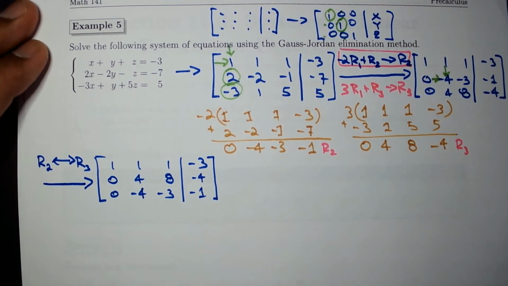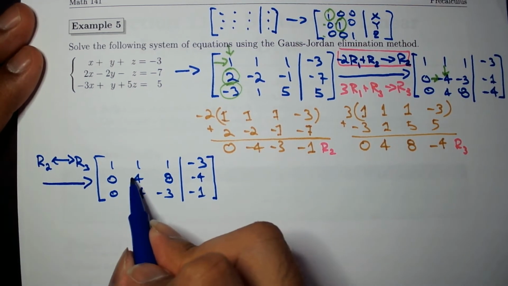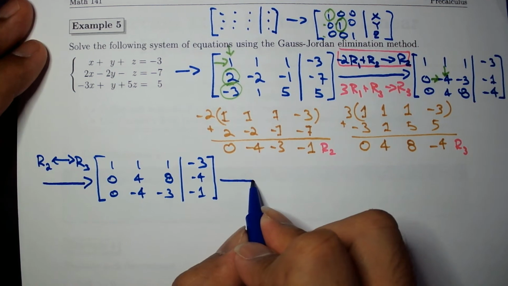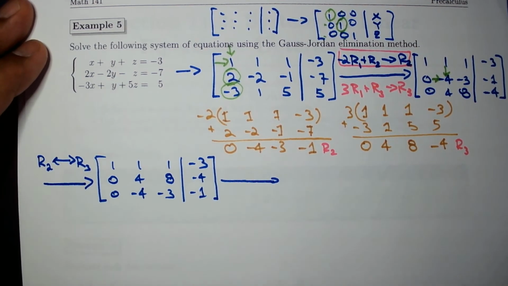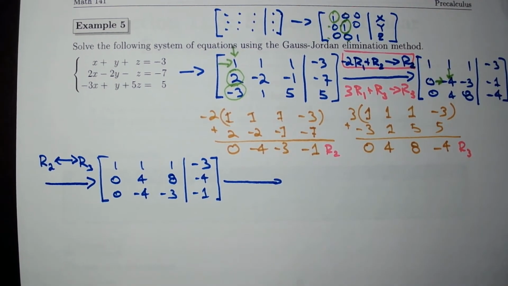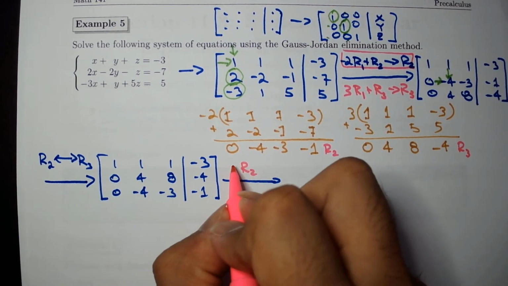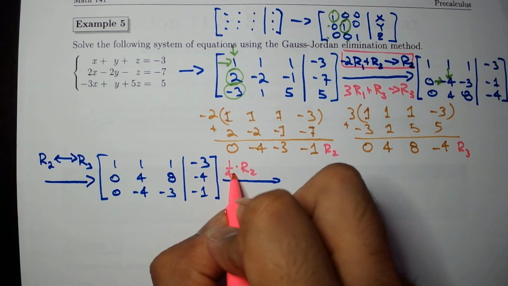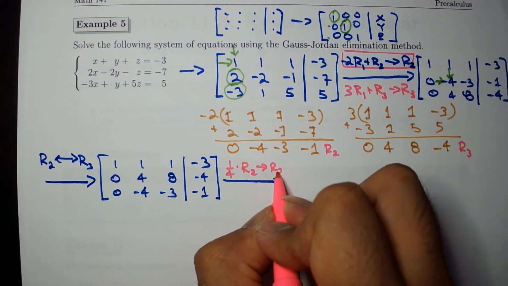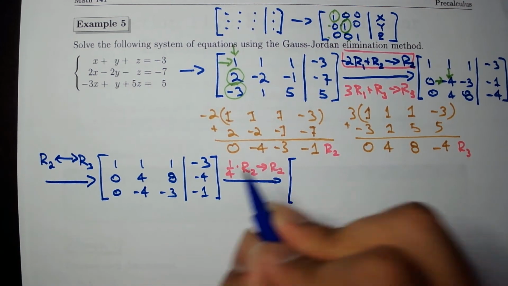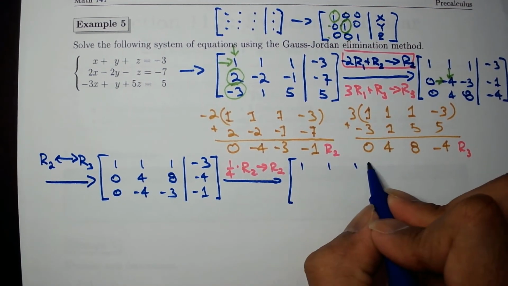So 0, negative 4, negative 3, negative 1. And this is what we're going to do. So to obtain this one right here, we are going to divide the second row by 4, or multiply by 1/4, to obtain a new second row. So what are we going to do here? The first and the third rows remain the same.